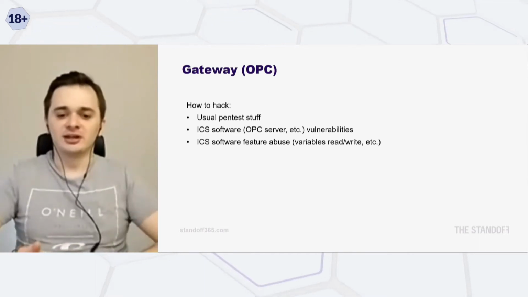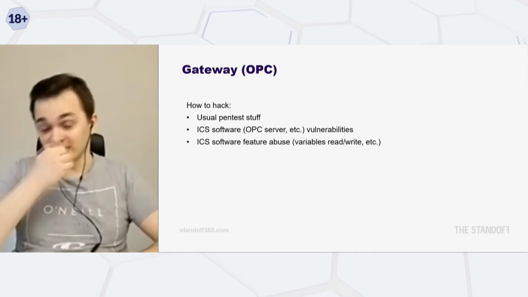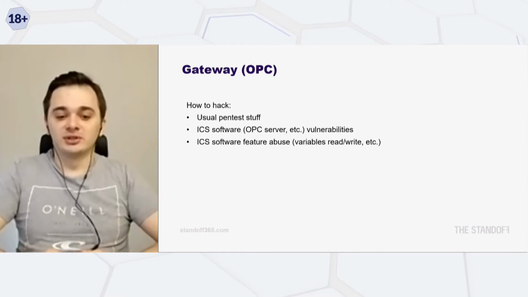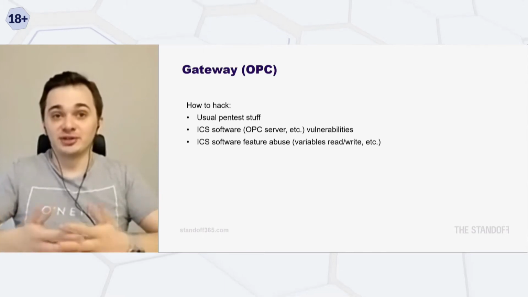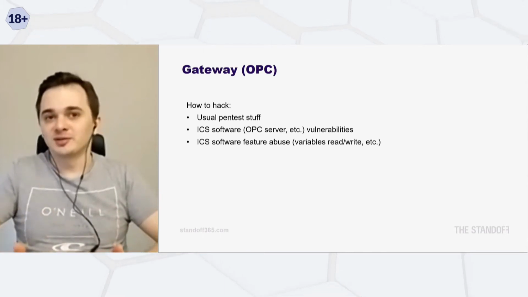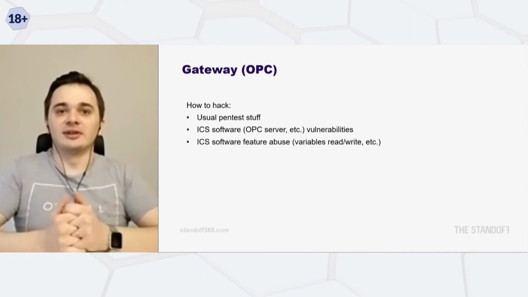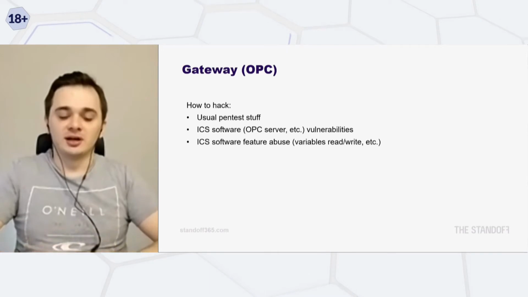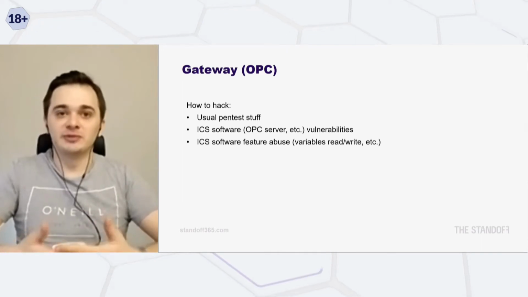Since this is a machine that in most cases will be running Linux, all your usual tricks that you use for pen testing will work. So it's the usual pen test stuff.